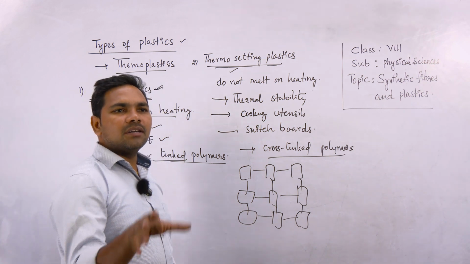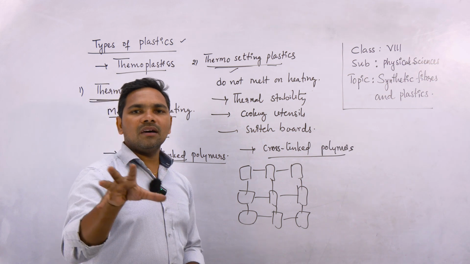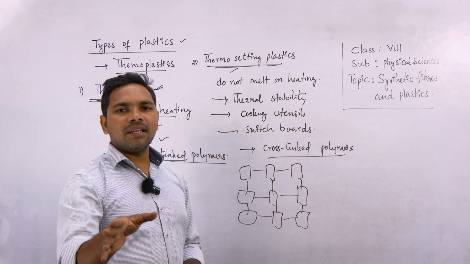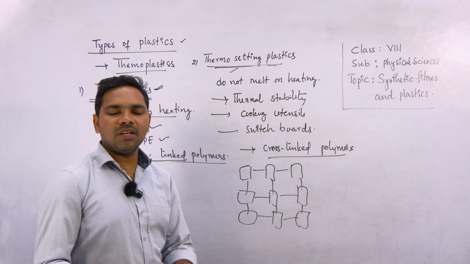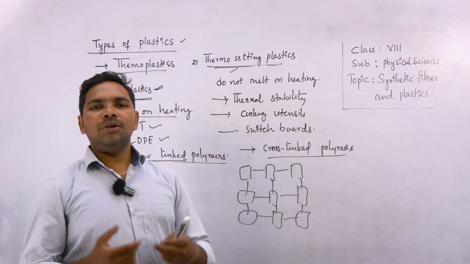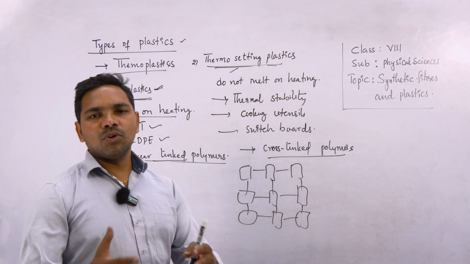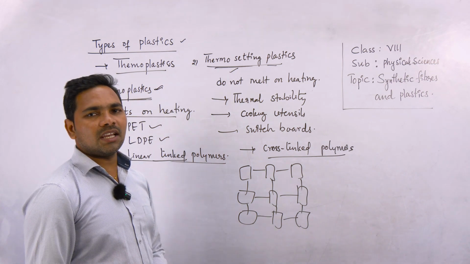We need a material for switchboards which can bear high temperatures, and it must also be an electrically bad conductor. All plastics are actually bad conductors of electricity. They do not react with air or water, and they do not react with most other chemicals, nor with acids.